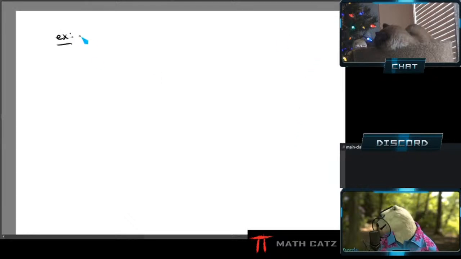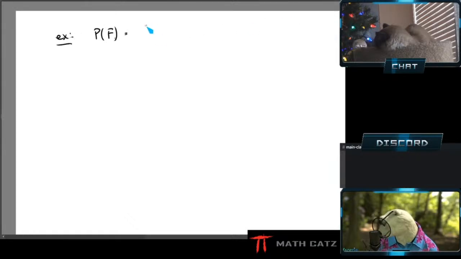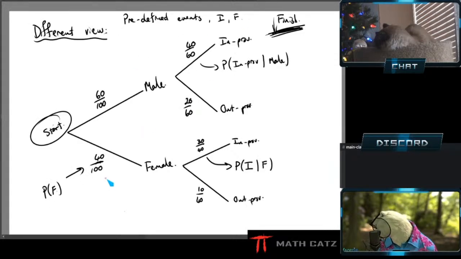Easiest would be, for example, probability of being female. Straightforward probability, and it's the first branch. It's just 40 out of 100. Okay. It's easy because that one is visible on the tree diagram already. It's right there. I read it off. It's the first split.